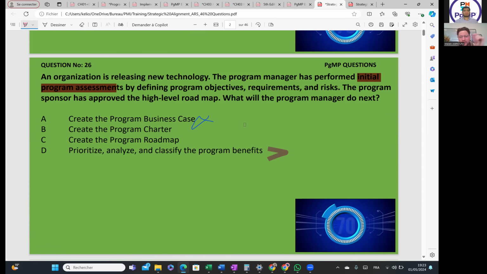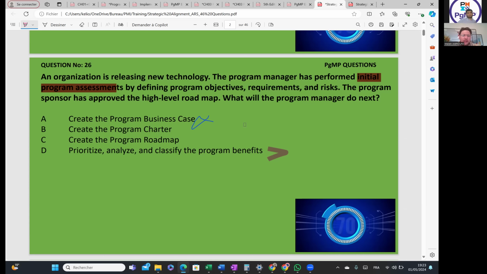Because for me the business case was not just after the high level roadmap. The question said: the program manager had performed initial program assessment by defining the objectives, requirements. The program sponsor has approved the higher level roadmap. What will the program manager do next?